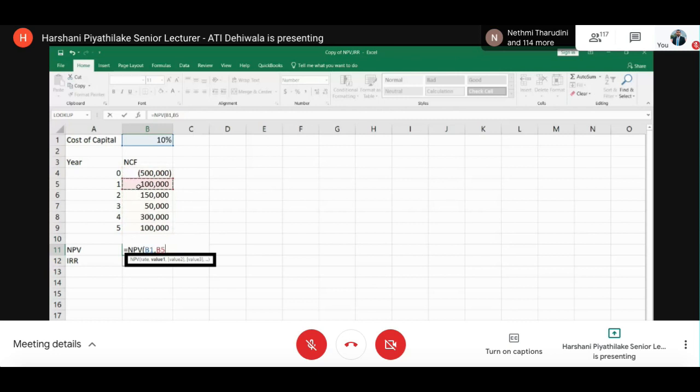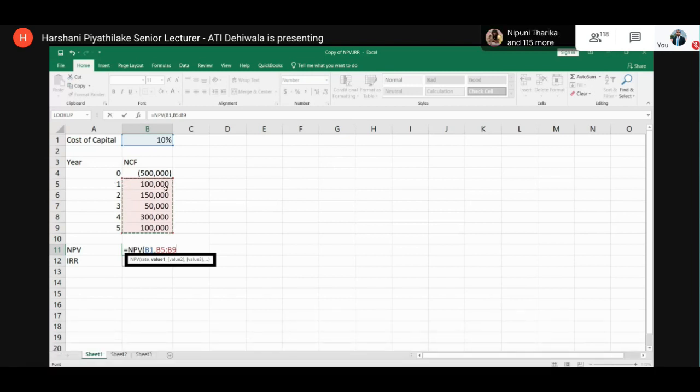I think to discount this one, right? Yes, from 100, it means that from year one you have to take this range, and there are no other value ranges, therefore you can close the bracket.